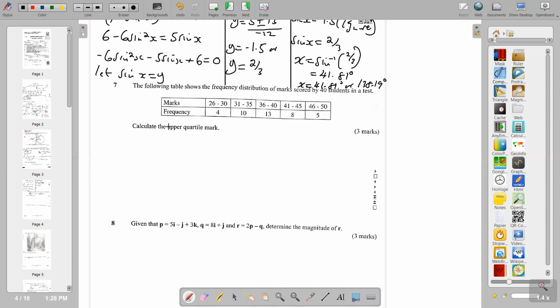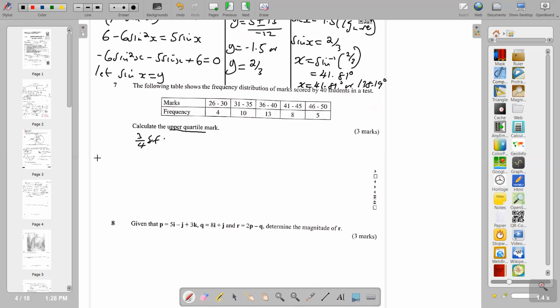So you're told to calculate the upper quartile mark. Now this one is statistics 2 in form 4. For you to get quartiles, you're supposed to use the formula of median, but because they're asking about the upper quartile, that will be 3/4 of summation of f.